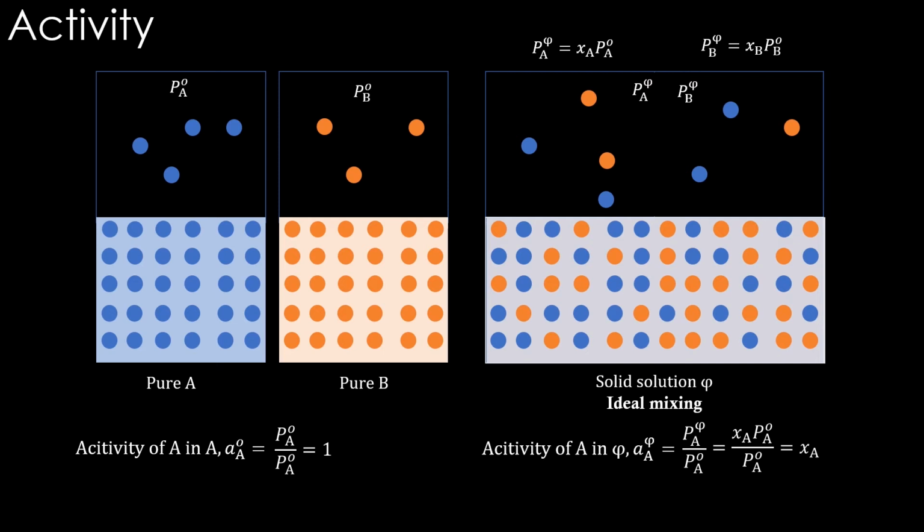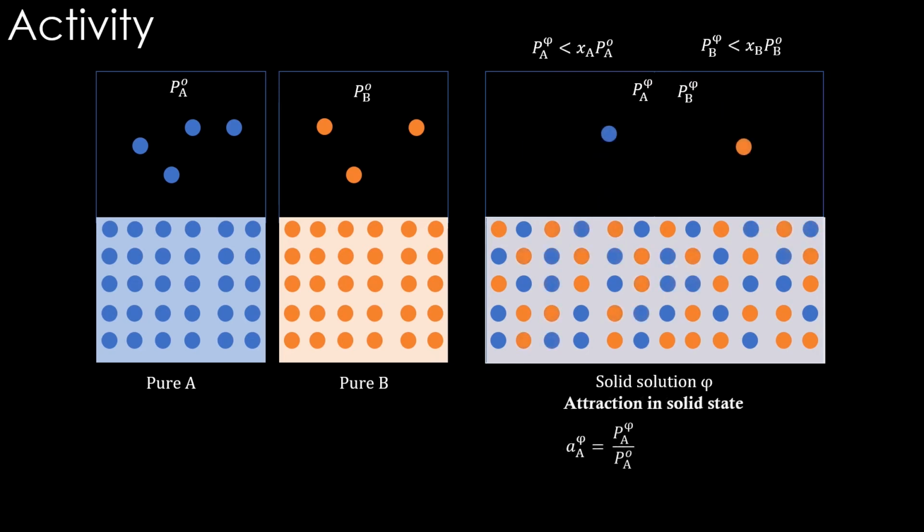Now let's consider the non-ideal case with negative interaction. Here the ratio PA phi to PA standard is less than the mole fraction of A. So here activity of A is less than the mole fraction of A. It is similar for B as well.